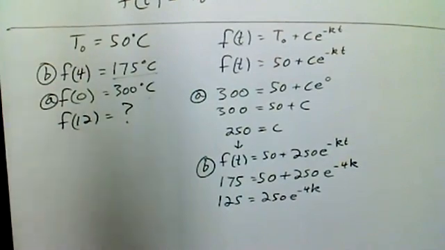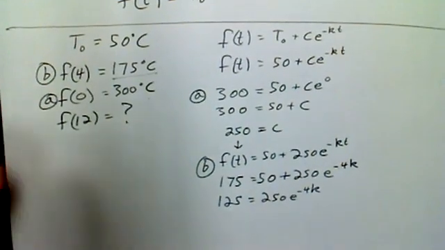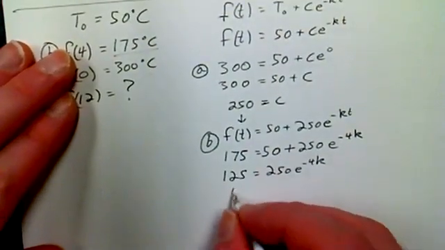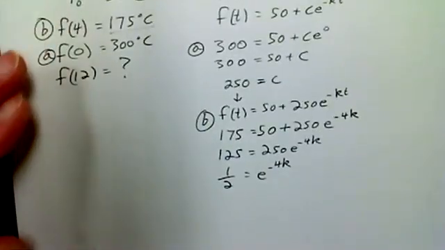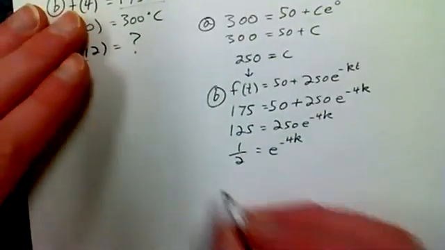Now what would I do? If I want to take natural logs of both sides, we can, honestly, right now, but it makes the math a little harder. Why don't we divide out that 250 from both sides? So 1/2 is equal to e to the negative 4k. Now we're in business to take natural logs.